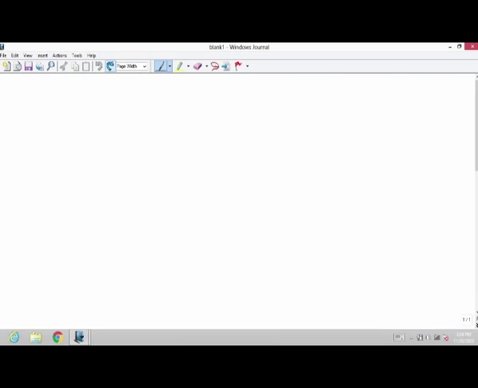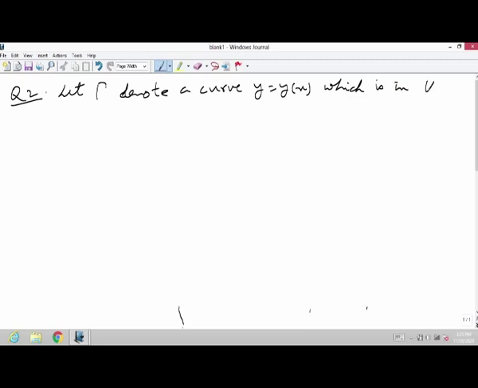Okay, now let us move to question number 2. So, question 2 says that let gamma denote a curve y equal to y(x), which is in the first quadrant, and let the point 1 comma 0 lie on it.